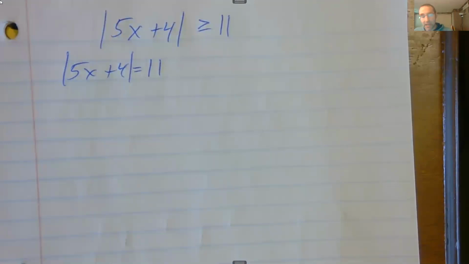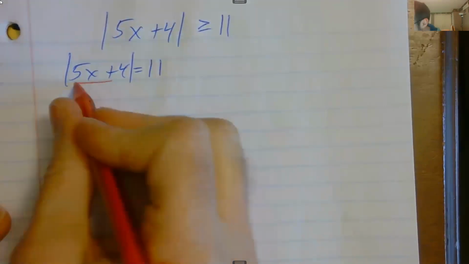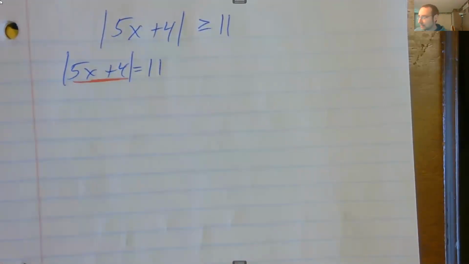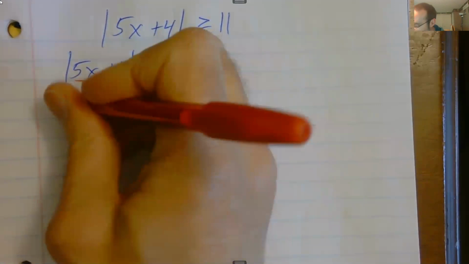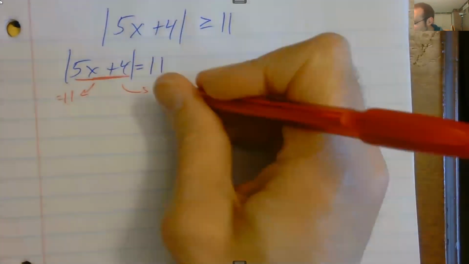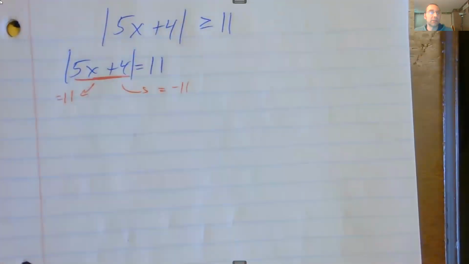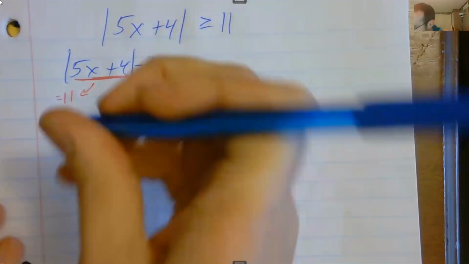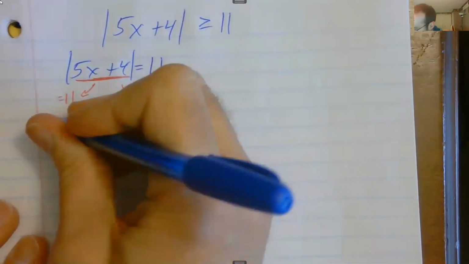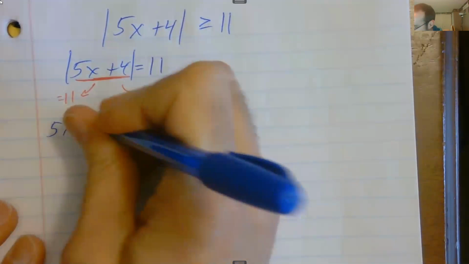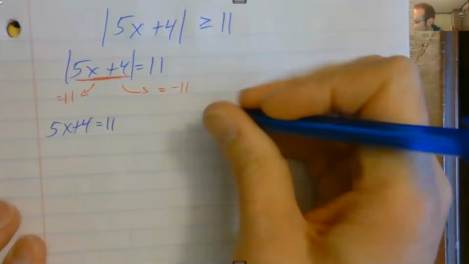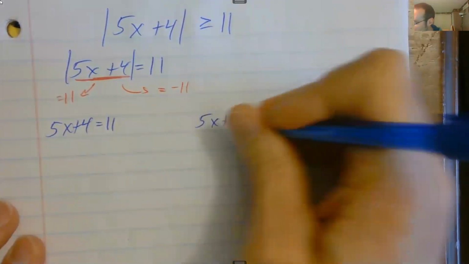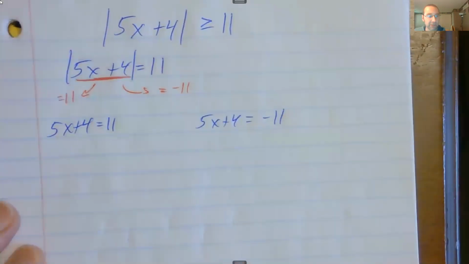And we have two options. The thing inside is either equal to 11, or the thing inside is equal to -11. So we're going to try both of those. I'm going to say, what if 5x plus 4 equals 11, and what if 5x plus 4 equals -11?